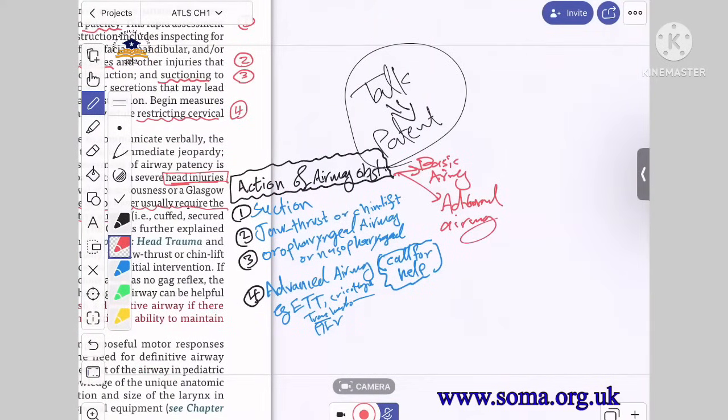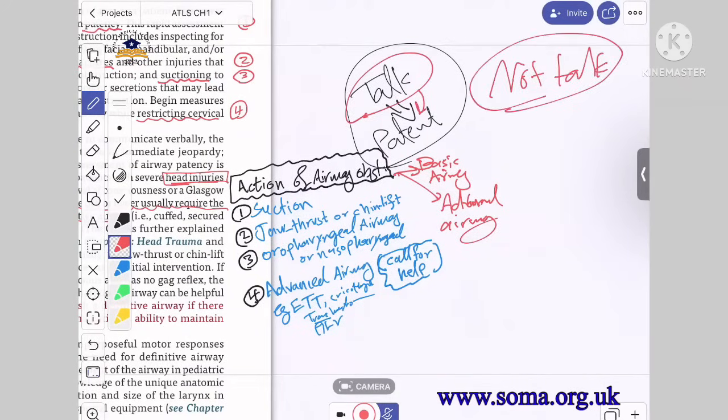If you have a patient who can talk, this means patent airway. If a traumatized patient cannot talk, this means that there is some problem in the airway. You will do a basic technique and you can call for help for an advanced technique.